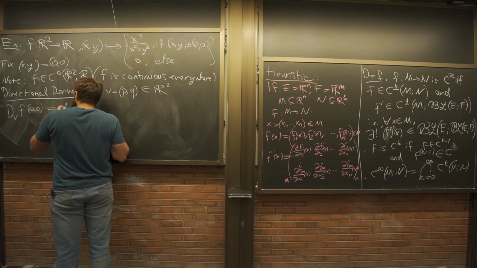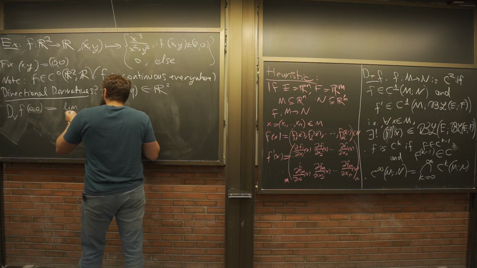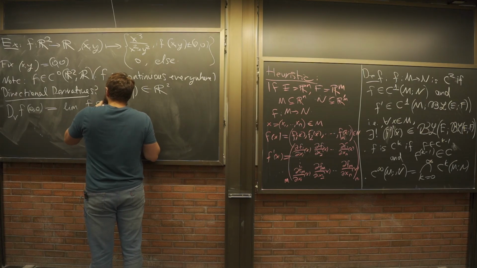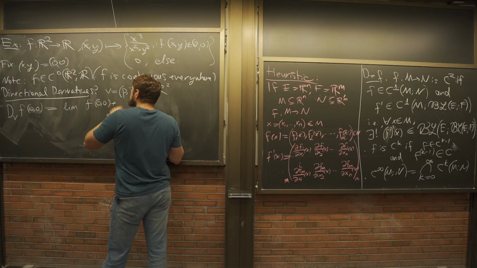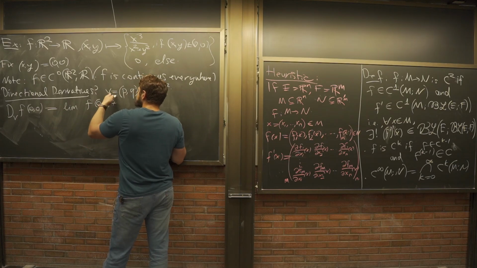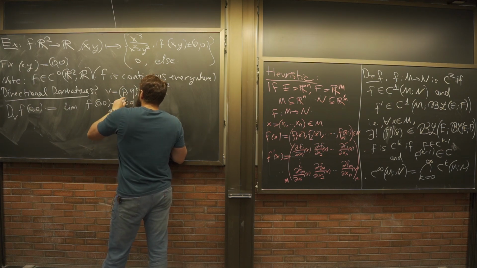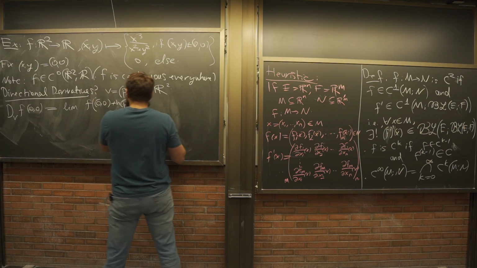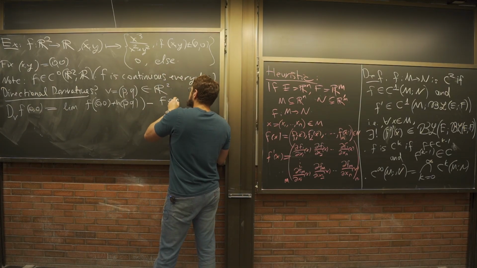And what is this defined, if at all? Well, I'm going to do the following. This is my base point, and then I'm going to approach it using scalar multiples of this fixed vector, h times pq, so f of h p, h q, minus f of 0, 0.